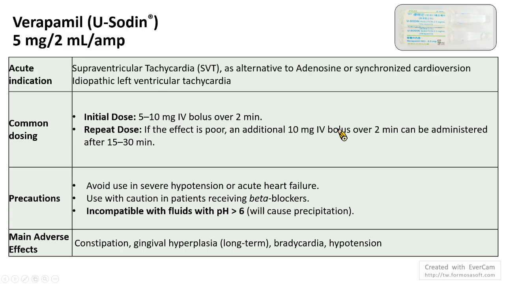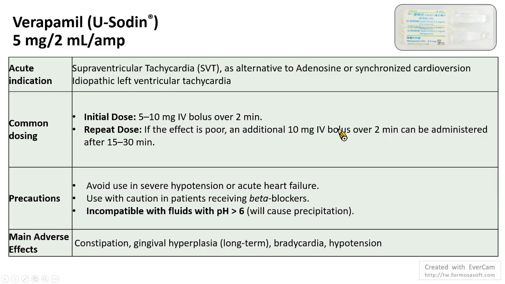And keep in mind, verapamil should be avoided in those with severe hypertension or acute heart failure, and used with caution in those receiving beta blockers, because it might have a synergistic effect on bradycardia.